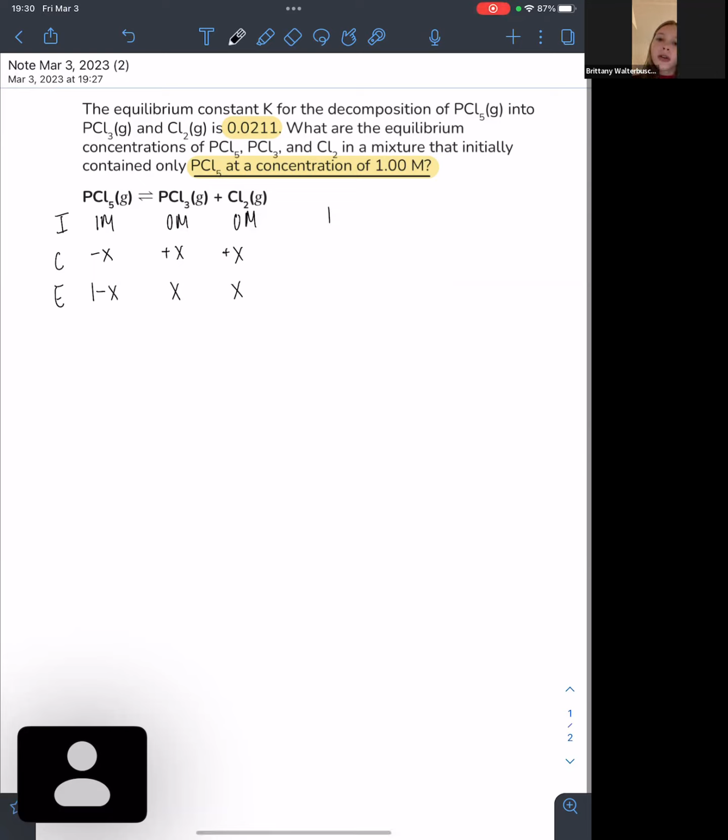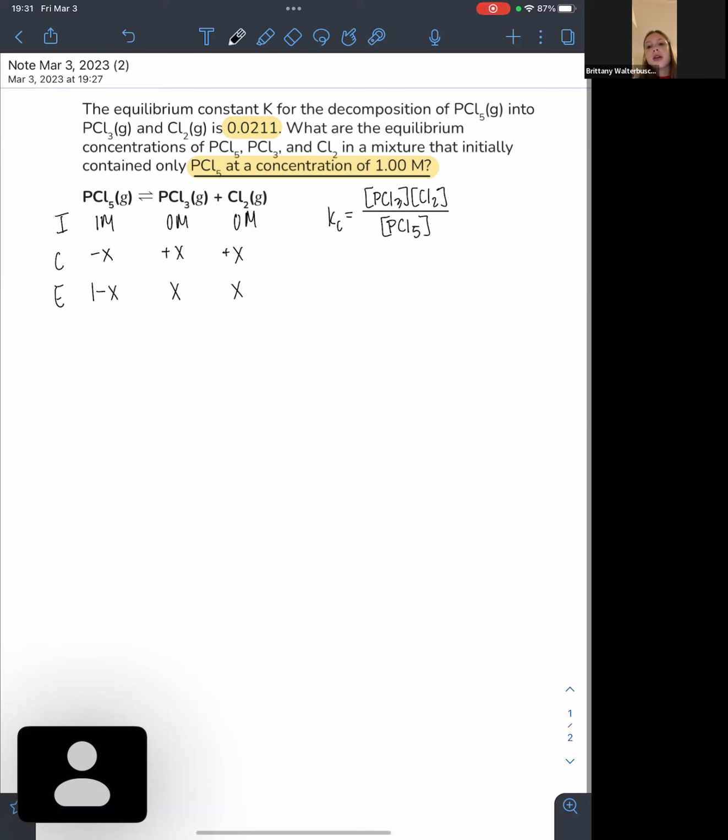So we know that our Kc, or our K equilibrium in terms of concentration, is going to equal our products over our reactants. So that would be PCl3 times Cl2, sorry, and then all over our reactant, which is the PCl5.